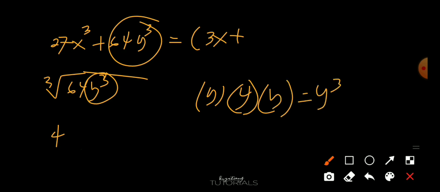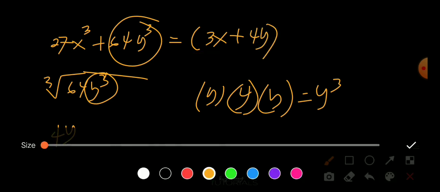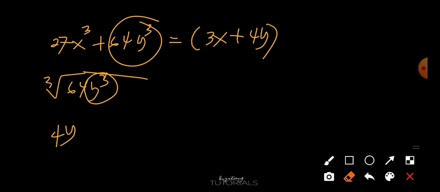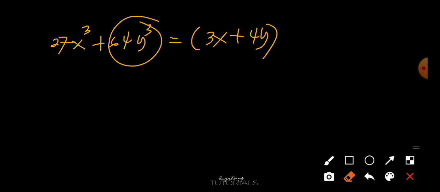So, ang atong answer diri is, or ang cube root ni 64y cube is 4y. So, 3x plus, sumpay ta, 4y. Then, close parenthesis. Then, mag-delete na pud ta. Okay, next.